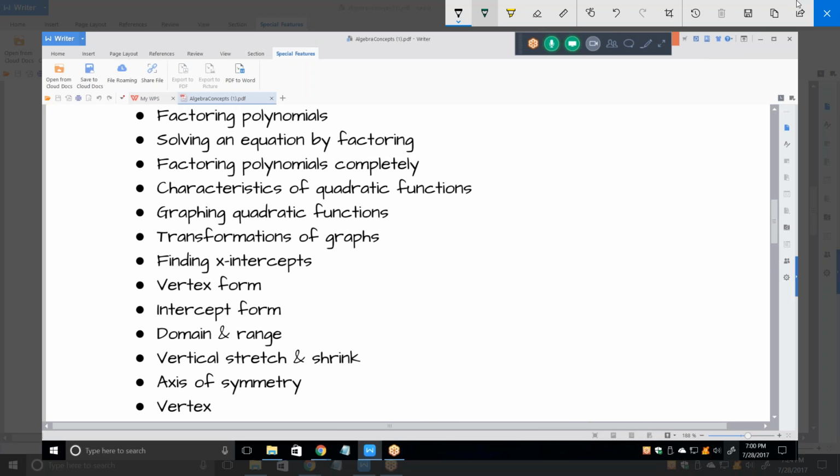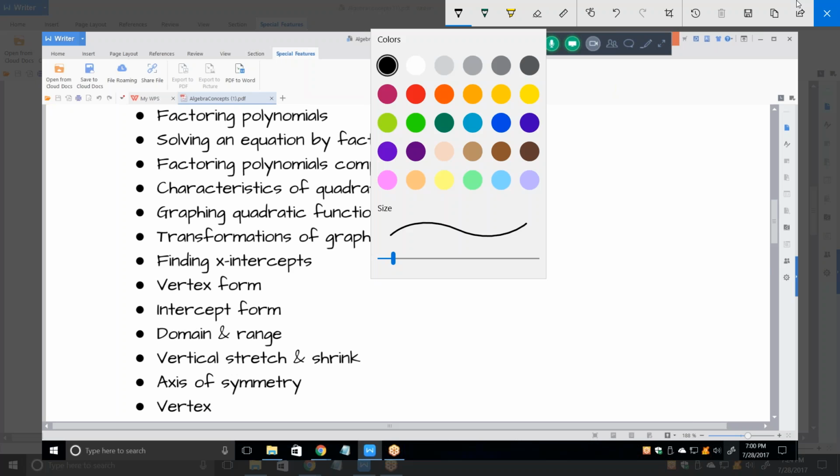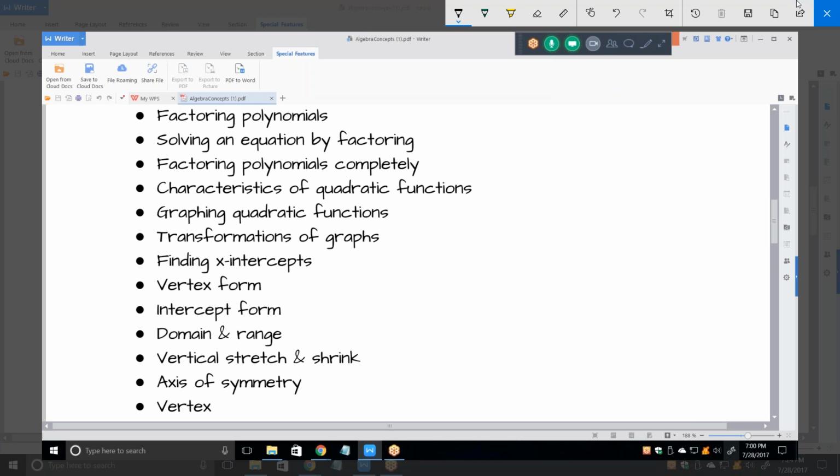Now, let's talk about the graphs. First of all, here's our function, our parent function. And there's like 10 parent functions that they want you to know. This is just one of them. X cubed is another one. Square root of x is another one.